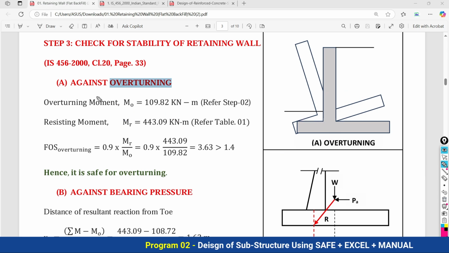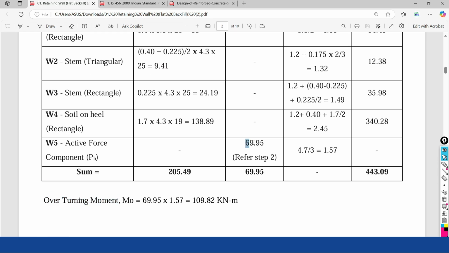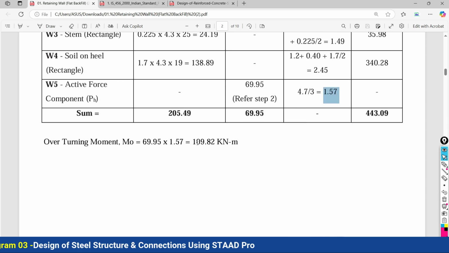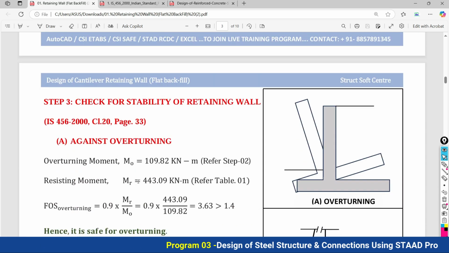So this check is nothing but the check against overturning. We already calculated the overturning moment in our earlier calculation, coming from the lateral load and its perpendicular distance from the base. After multiplication of these two, we got the moment as 109.82 kilonewton meter.